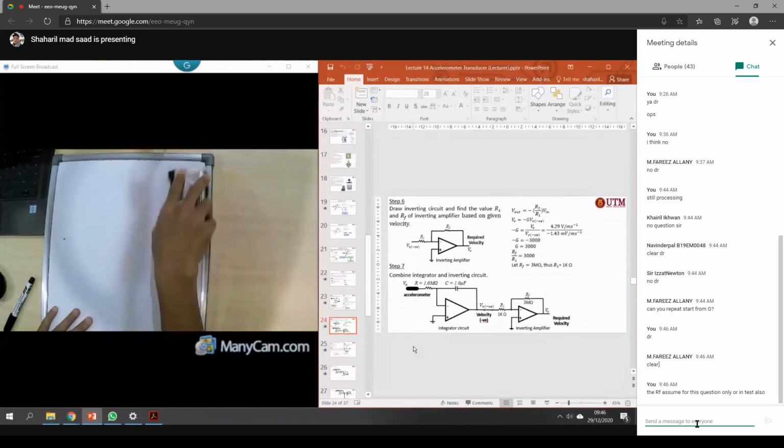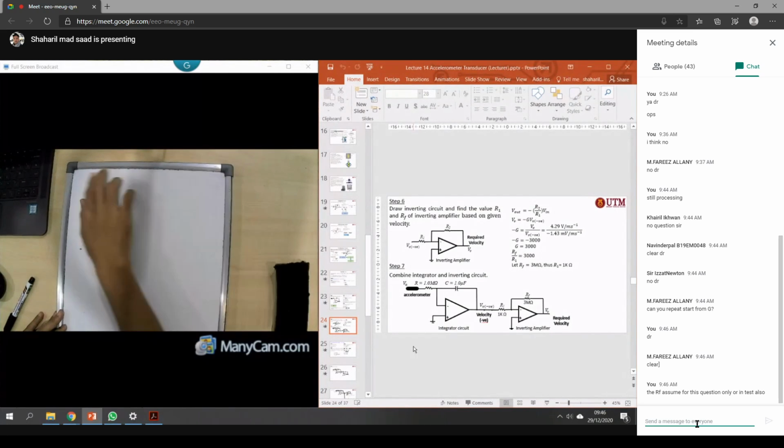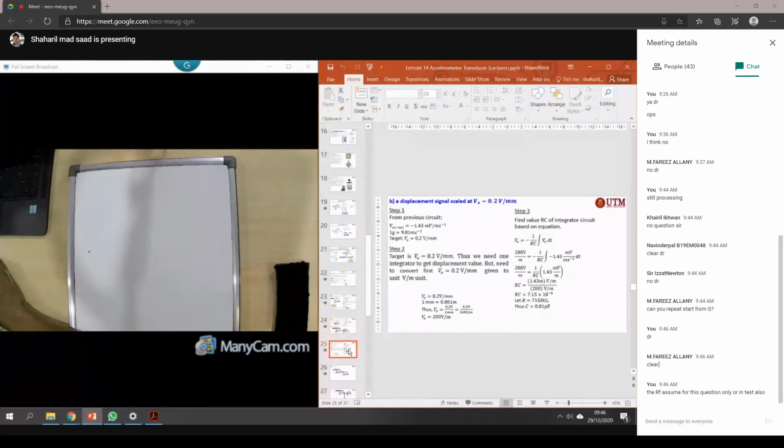If the test gives the values for RF and R1, you can use them. If not, you just assume them. When we divide RF by R1, we should get the same value for the gain.